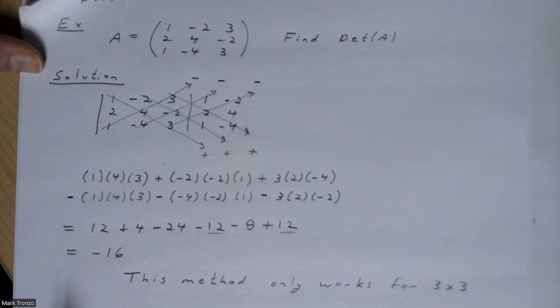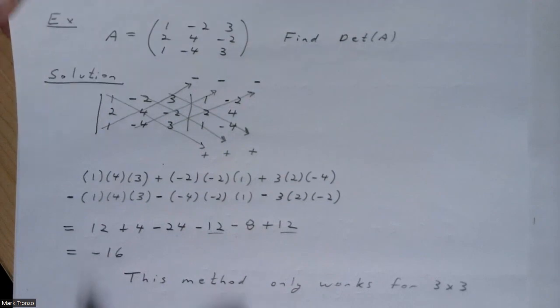Now I'll show you a 4 by 4, how you would do that. I won't work it out all the way through, but I'll just give you the idea of how you would handle it. And it's the same method that we used here for the 3 by 3 to start with. So let me just set one up.